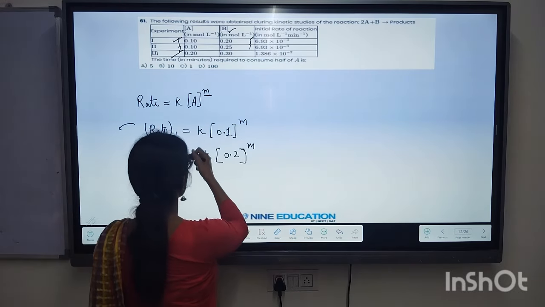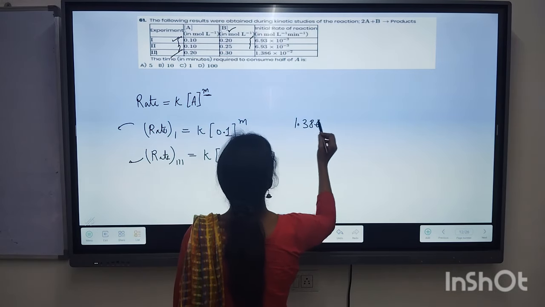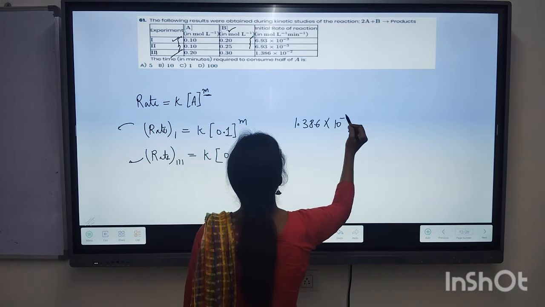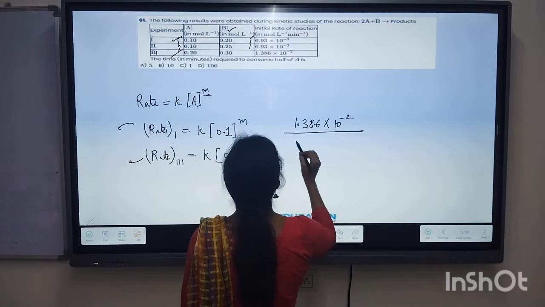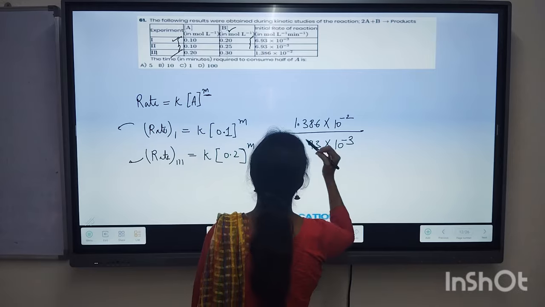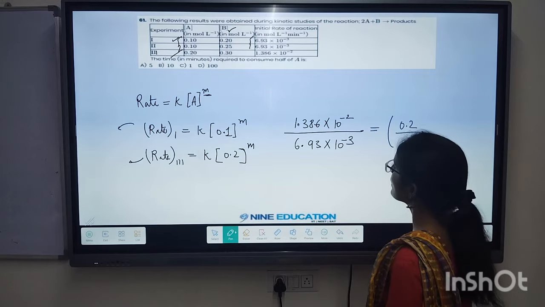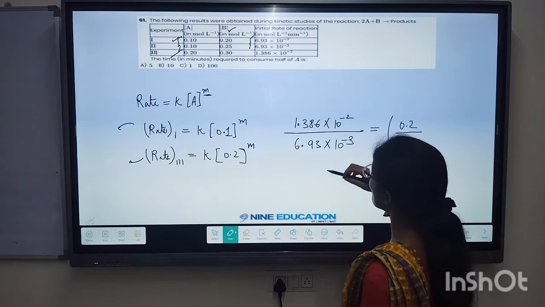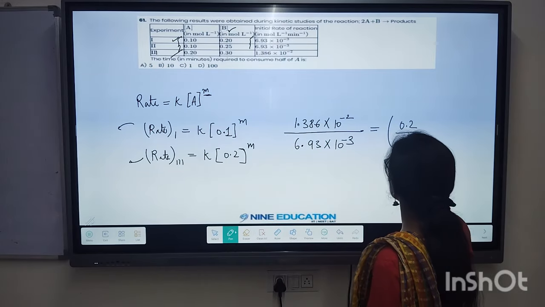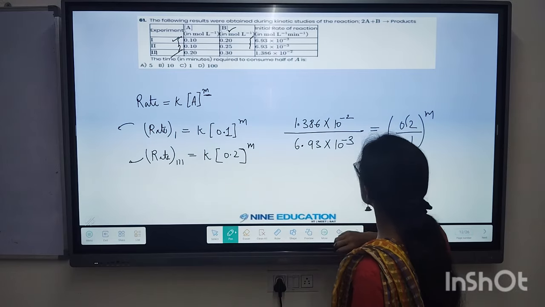We already know rate 1 and rate 3 of the experiments. So if I divide rate 3 by rate 1, what will I get? I will get 1.386 into 10 to the power minus 2 divided by 6.93 into 10 to the power minus 3. K will cancel out. Simply it will come to 0.2 divided by 0.1 raised to power m, so it will be 2 raised to power m.